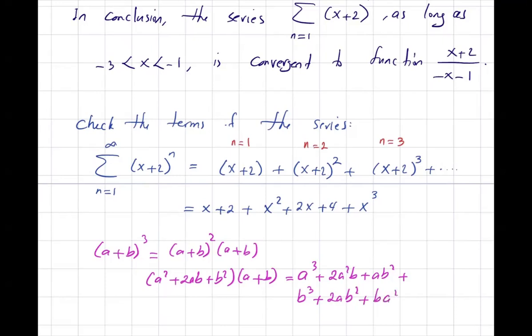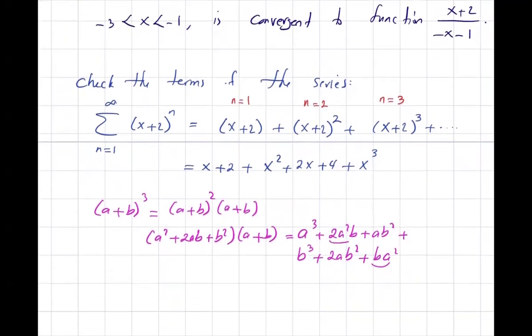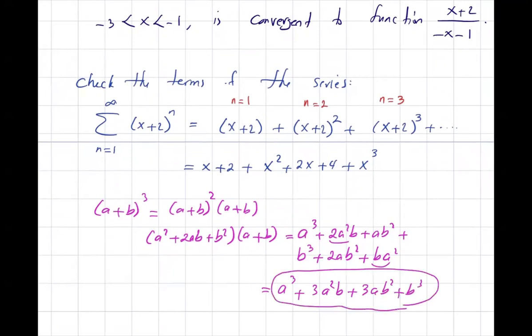So basically, if you combine this together, you get a cubed plus 3a squared b plus 3ab squared plus b cubed. You either memorize the formula or just multiply a binomial and this quadratic expression here. So let us copy this guy down here and continue.